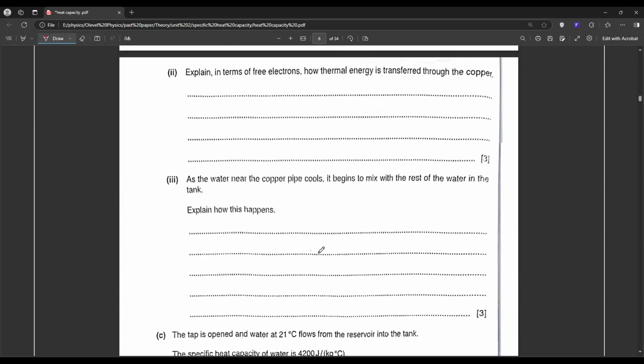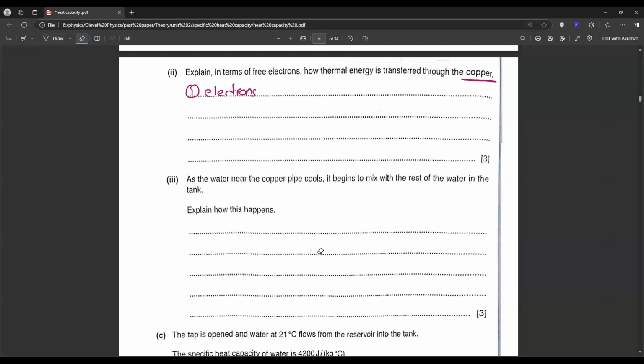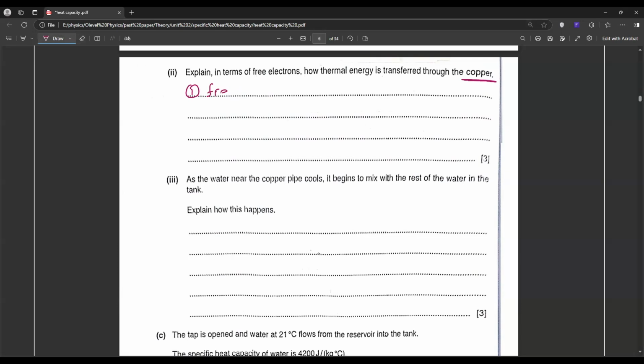Explain in terms of free electrons how thermal energy is transferred through the copper. Okay, so copper is a metal. How will thermal energy be transferred in a metal? It's very, very easy. Free electrons are moving across the copper metal.